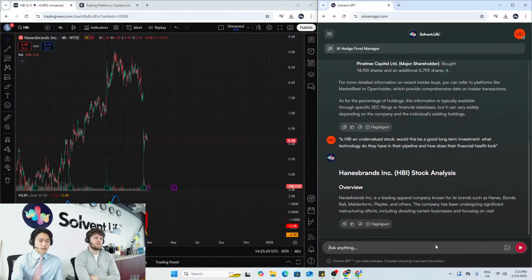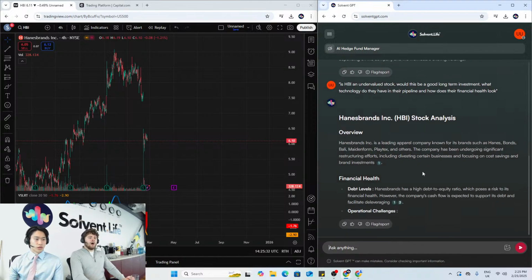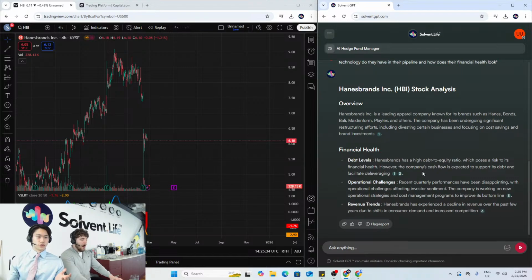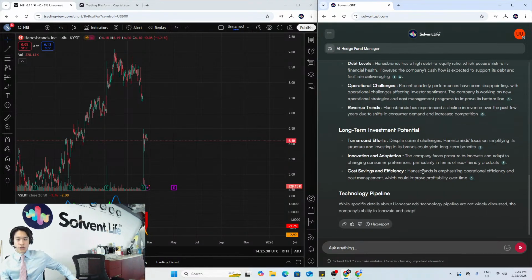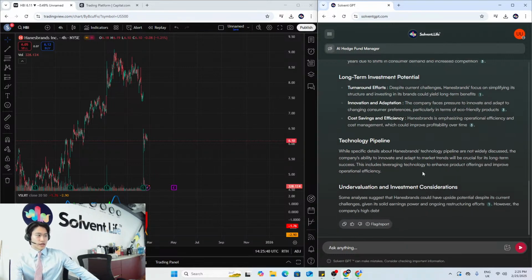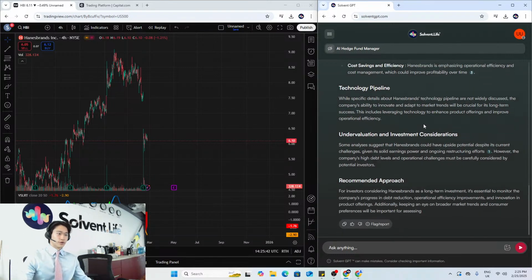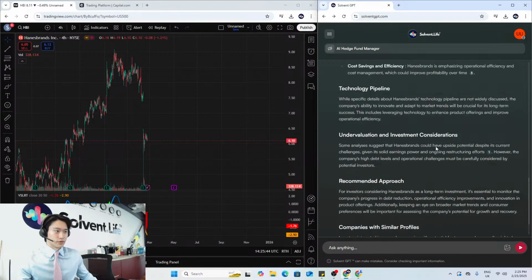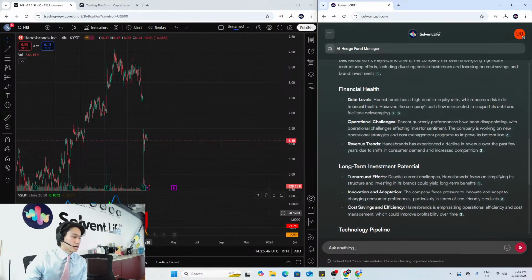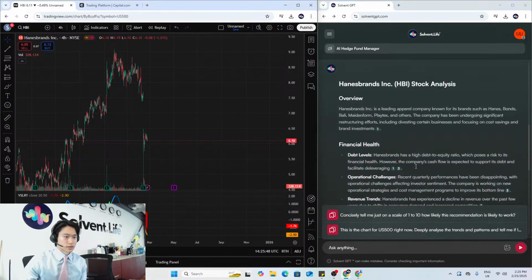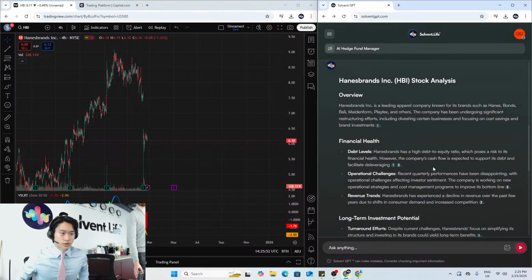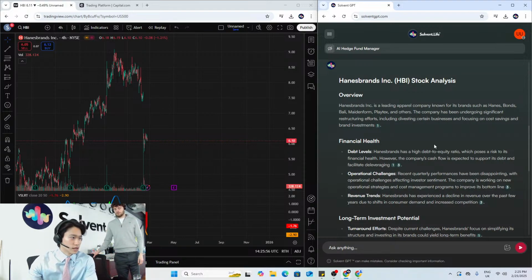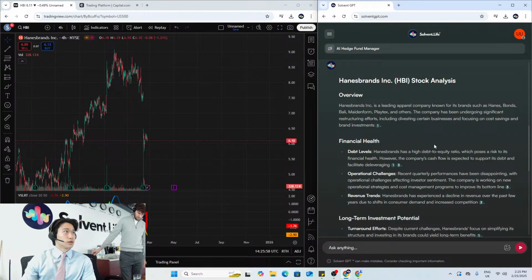I'm going to ask, with a 10,000 US dollar account or portfolio, how should I diversify my portfolio with HBI in my portfolio? How should I allocate my capital? And it'll do exactly that. And then we can also ask the exact strategy to use long term, how frequently we should check back at the stock price, how we should reallocate later down the line.